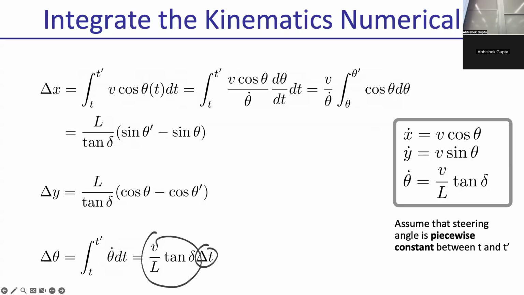That assumption would be false if my period of integration was longer, but I'm going to have a small period of integration. So it's almost like I'm going to do this very frequently. Essentially, between now and 0.1 seconds from now, I'm not going to change my steering angle a lot. Okay, so the heading is going to change, which means that theta dot is not zero, but theta dot is constant for that.